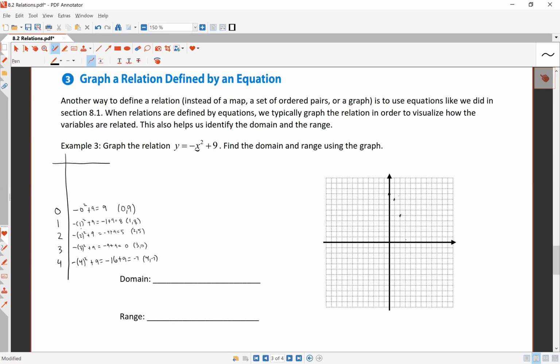And then we expect the same thing to happen on the other side. When we plug in negative 1, that's the opposite of negative 1 squared plus 9. The opposite of 1 squared is 1, so we have negative 1 plus 9, which is 8. Negative 2 squared is 4, and the opposite of 4 is negative 4.